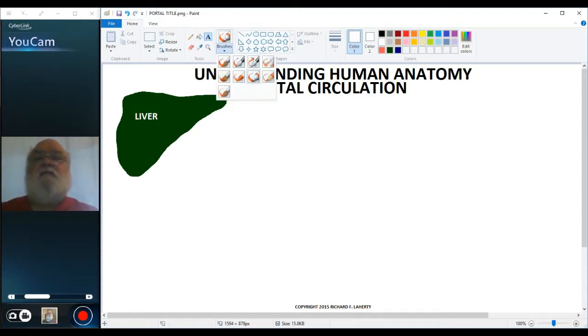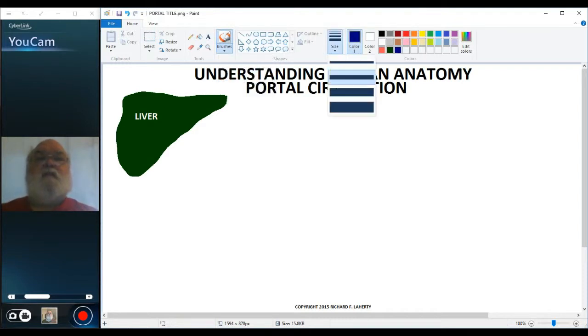Now the portal vein will form from many tributaries, and they're going to be in the same general area as the arteries we were talking about and have similar names for the most part.